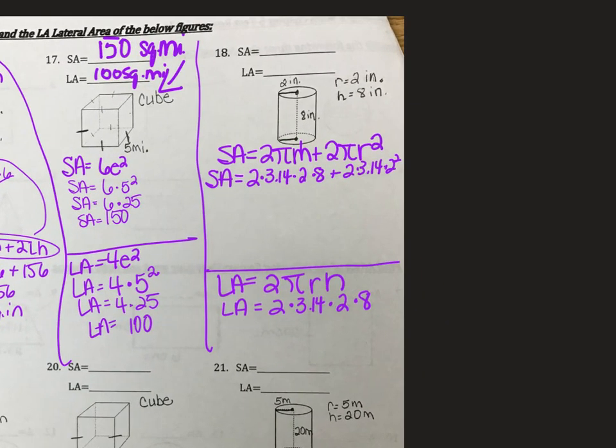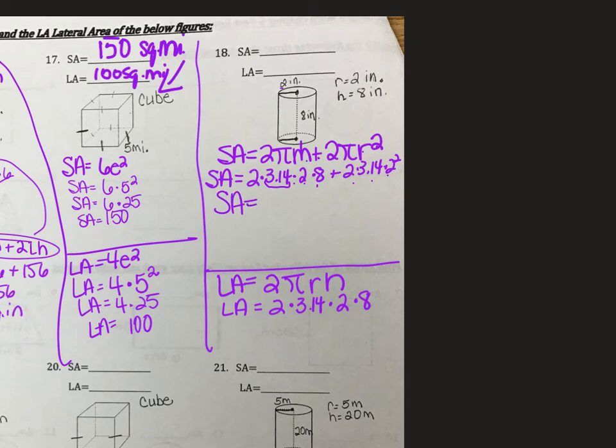Okay, now let's look at the next one, which is a cylinder. Here is your formula. SA is 2 times pi times radius times height plus 2 times pi times radius squared. I've already filled in the numbers here, which is 2 times pi. Pi is 3.14, times the radius, which is 2, and the height is 8, plus 2 times pi times the radius squared.